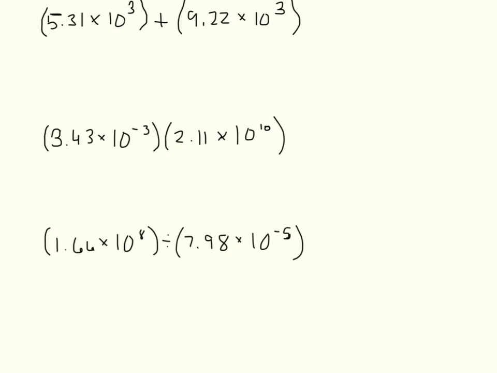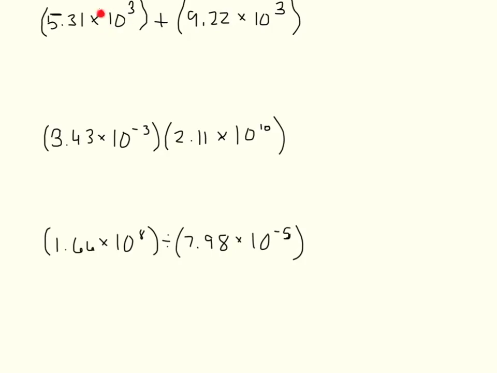So going to the first one, we're adding these two numbers together in scientific notation. They have to be like terms in order for you to add them up. And in algebra, like terms means you have the same variable and the same exponent attached to your number. But in this example, because we're using scientific notation, we're multiplying it by 10, and we have the same exponent on both of them in order for them to be like terms.